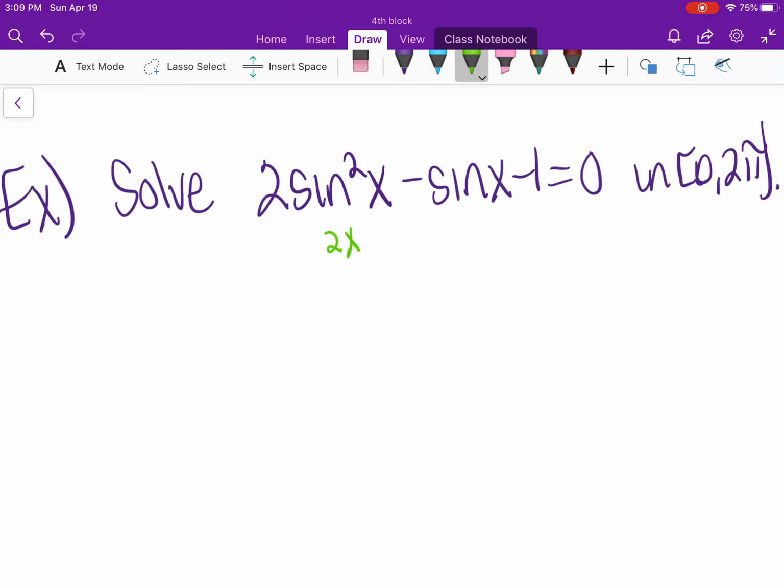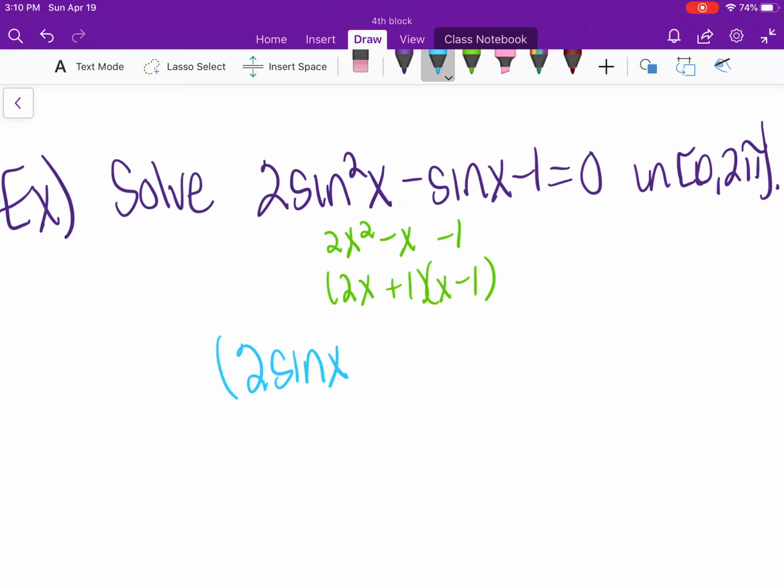If you were trying to factor 2x squared minus x minus 1, that's going to factor into 2x and x, and then minus 1 and plus 1. All right, so for this problem, we don't have x, we have sine x. So I'm going to write this as 2 sine x plus 1 times sine x minus 1.